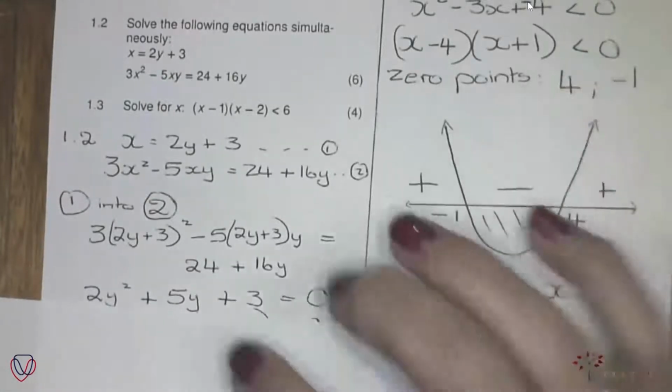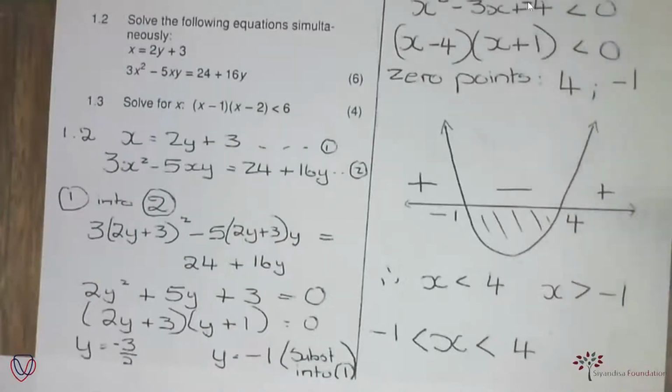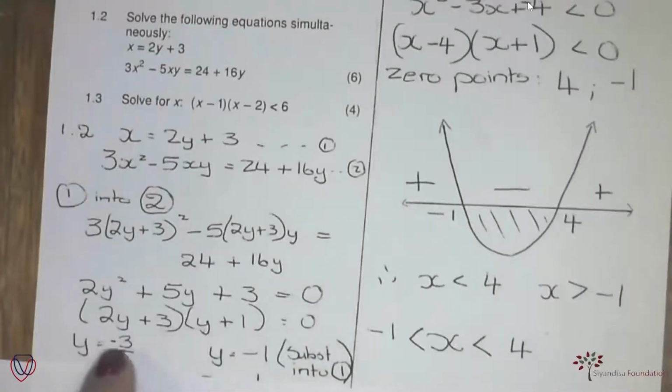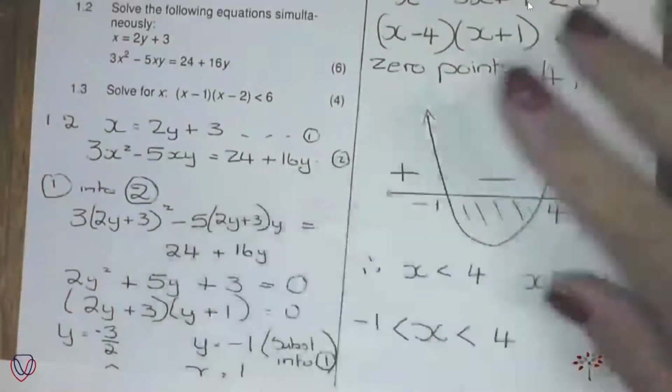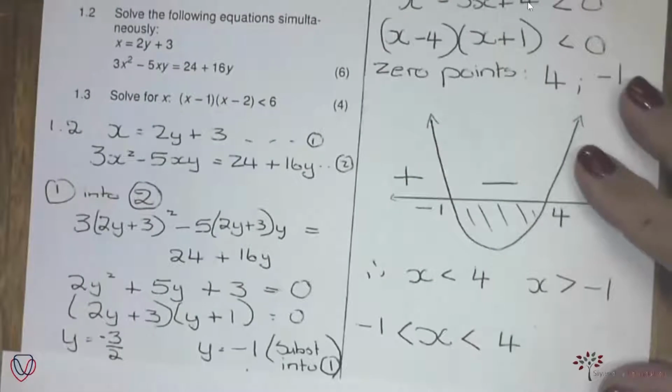That's what I got there. And now I'm going to factorize that equation. If I factorize, I do exactly what I did in number 1. I take each of these brackets, put them equal to 0. And there I have negative 3 over 2, and y plus 1 is 0, so y is negative 1.